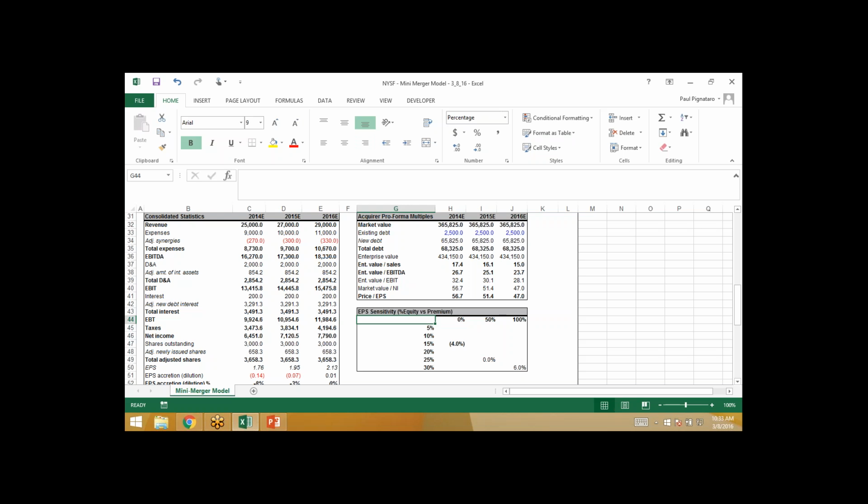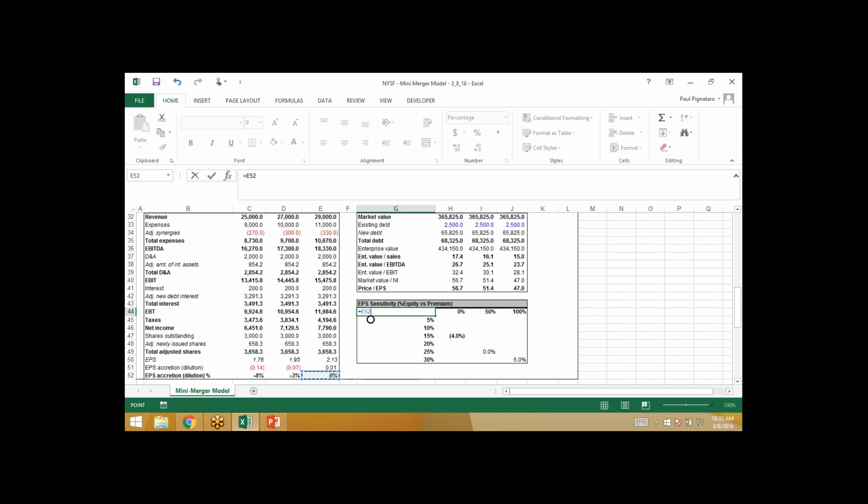So in the upper left corner, we link in from the EPS accretion dilution percentage. We want the table to be populated with varying degrees of EPS accretion dilution percentages based on the adjustment of two variables. One variable needs to be laid out to the right of that link, the second underneath.